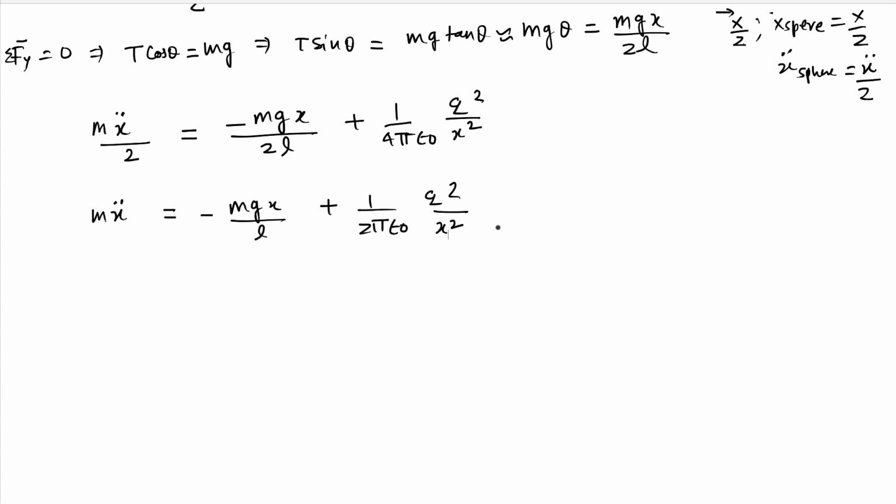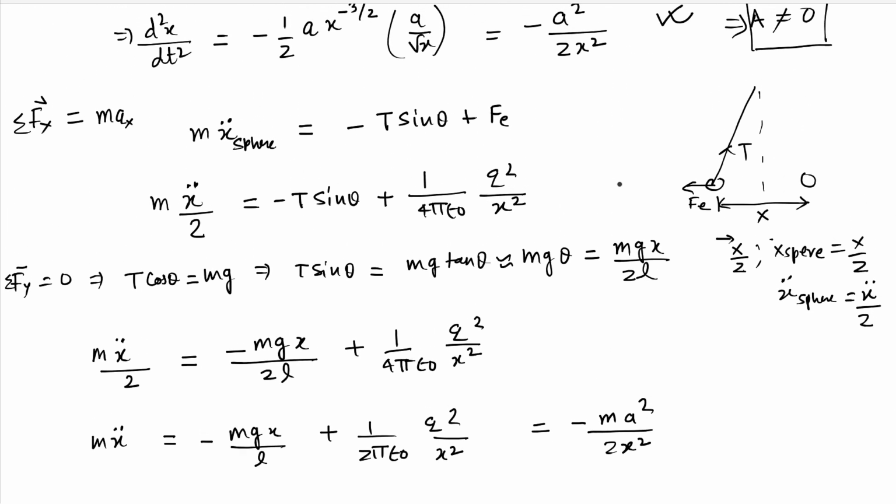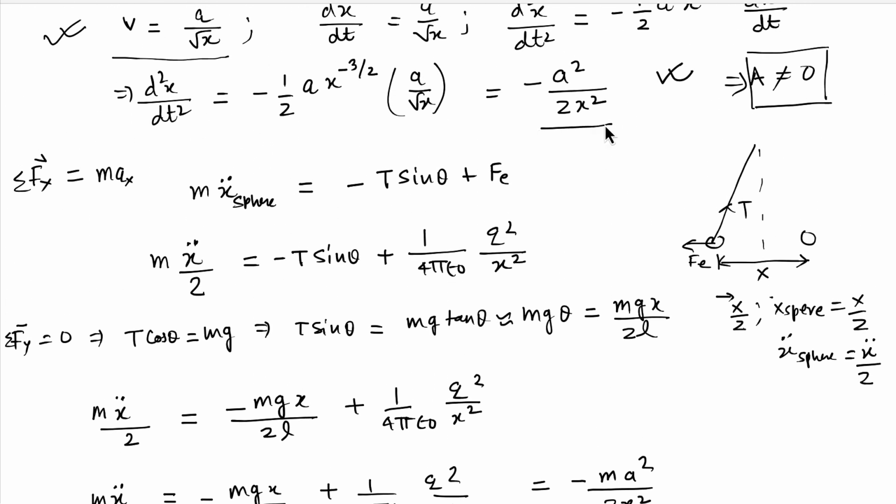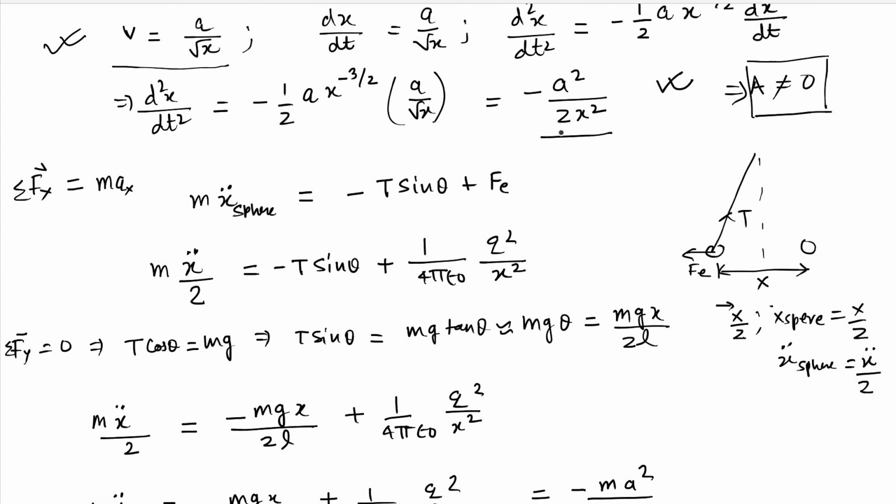And what is m x double dot? m x double dot is nothing but minus m a² by 2x². Remember, we computed it: a² by 2x² is x double dot.